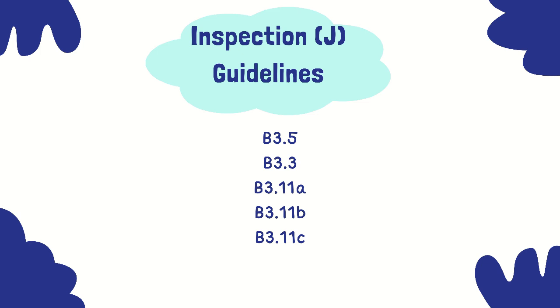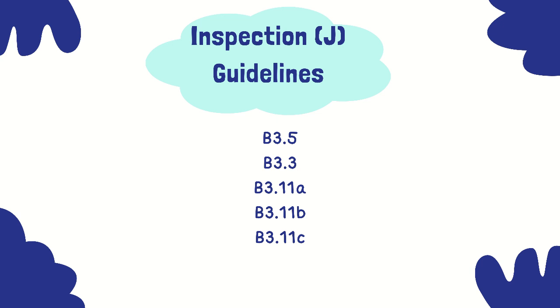B3.11c, when an inspection procedure and another procedure are performed on the same body part during the same episode, if the inspection procedure is performed using a different approach than the other procedure, the inspection procedure is coded separately.